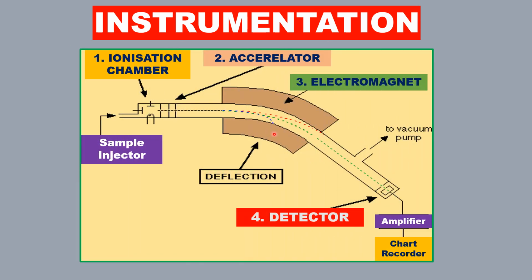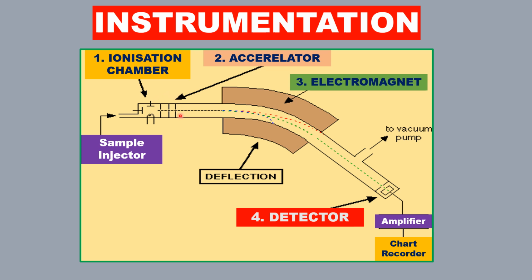Let us now see its instrumentation. This is the instrumentation experimental setup for mass spectrometry. Okay, it consists of 4 major components. One, ionization chamber. Okay, this is called ionization chamber.